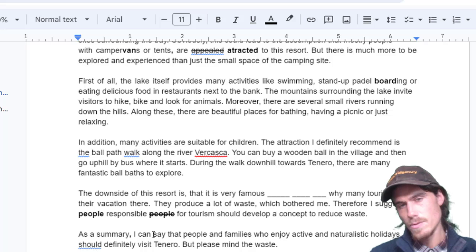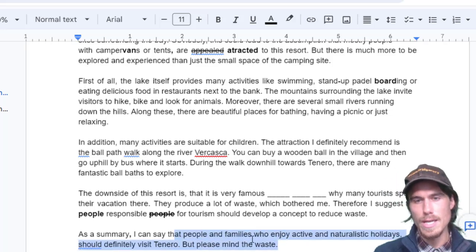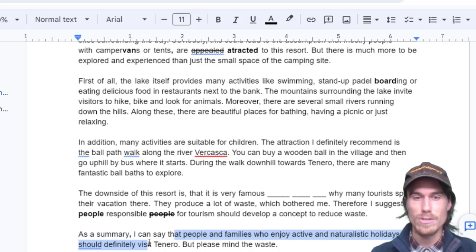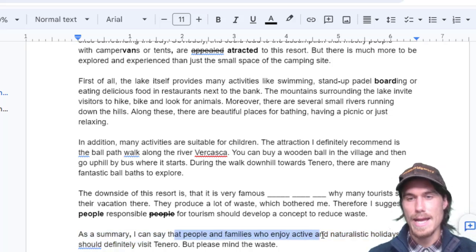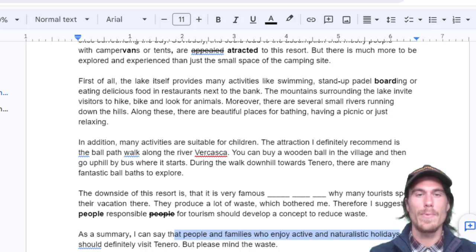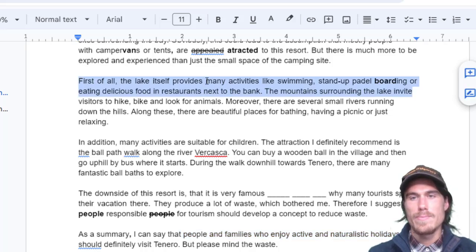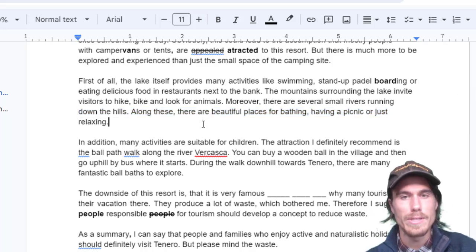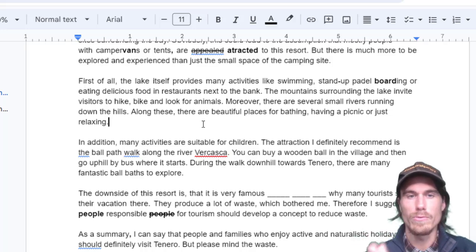And again, you come back to it in the conclusion, like you say, well, actually you don't come back to it. You say that it would be good for families who enjoy naturalistic holidays and active. So this is what you need to pick up on more in this paragraph. And say it would appeal to these people and connect more with the audience at that point.